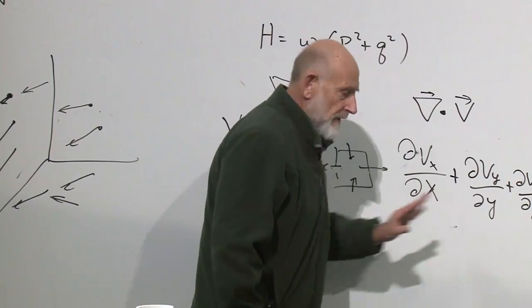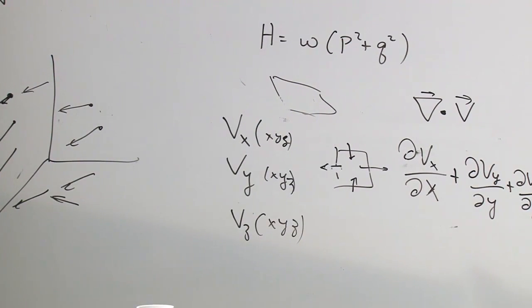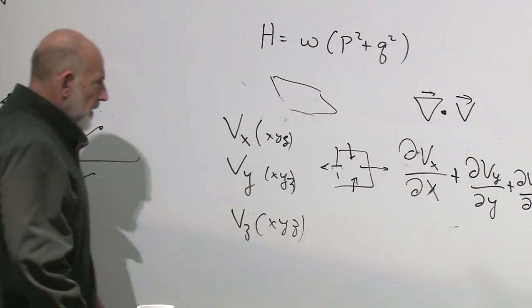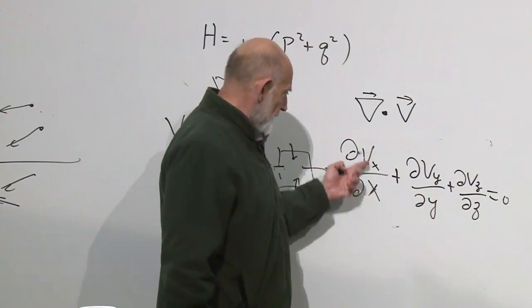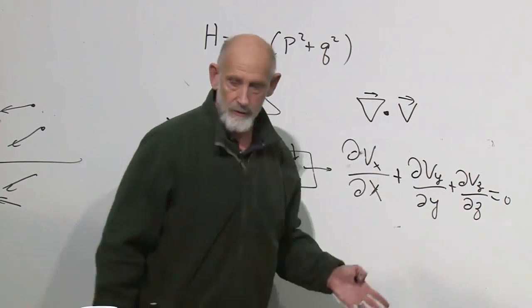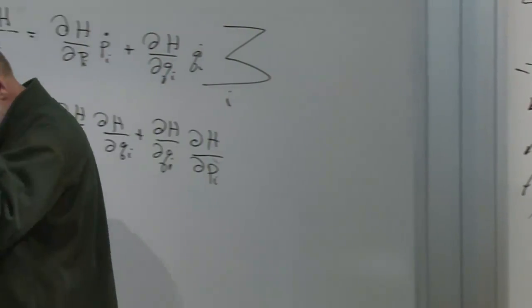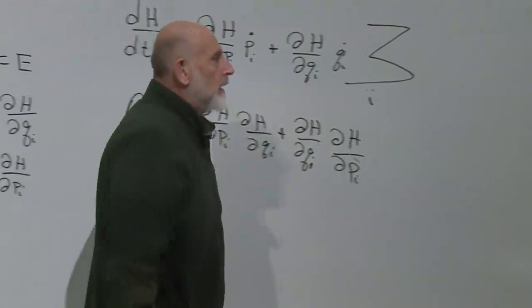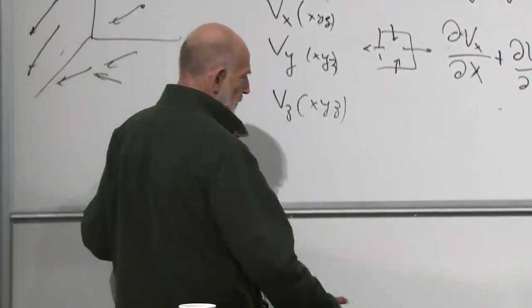This is what it is: the sum of the various components of the velocity field with respect to the same coordinate. It's called the divergence of the flow. It's the spreading out, or the compression.